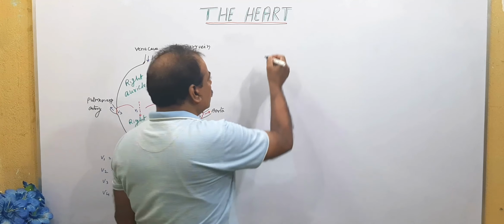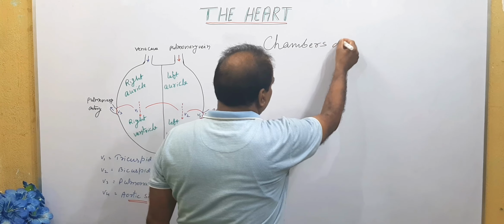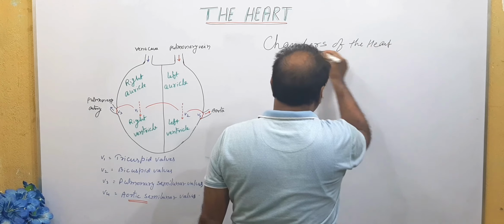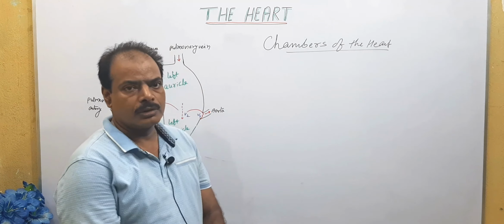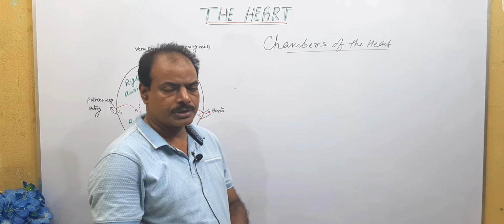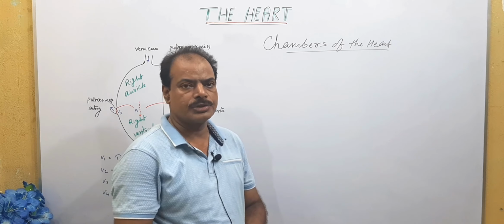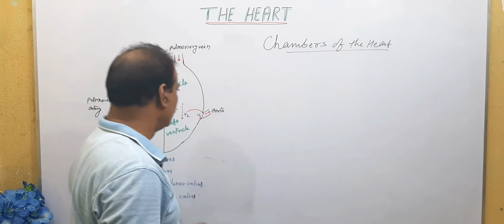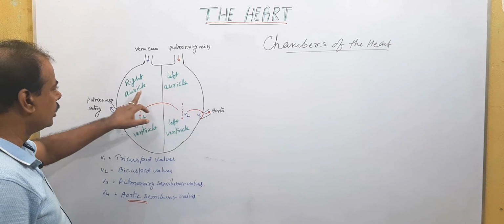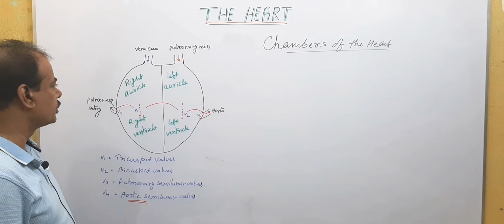Chambers of the heart. Human beings have a four-chambered heart. So there are four chambers. The upper two chambers are known as auricles or atria, and the lower two chambers are known as ventricles. You can see in the rough diagram of the human heart, 1, 2, 3, 4, these are the four chambers.